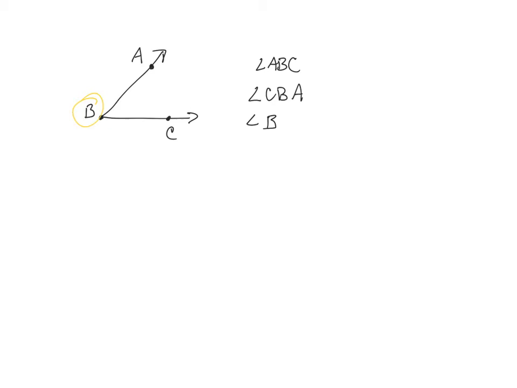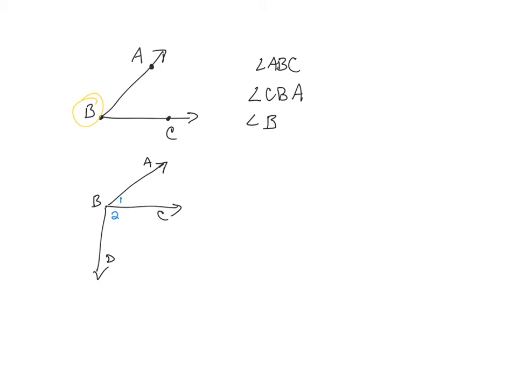So if we had a picture like that, you could not use angle B because I wouldn't know, are you talking about where the number 1 is or where the number 2 is? Or are you talking about the whole thing? It's not clear what you're talking about.